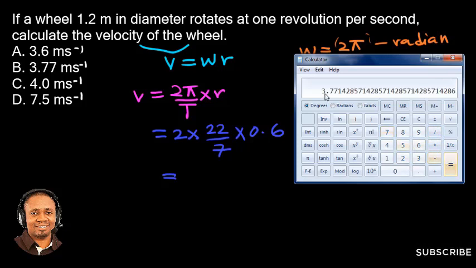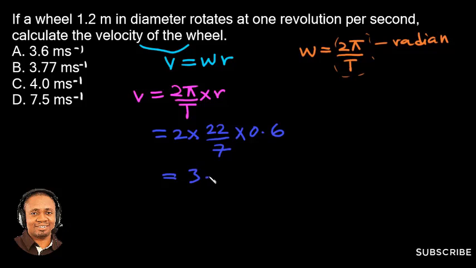So we arrive at 3.77 meter per second. That is the velocity of the wheel. So the answer option B is the right answer.